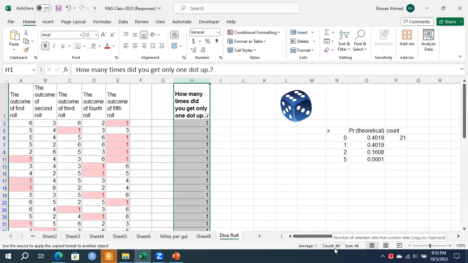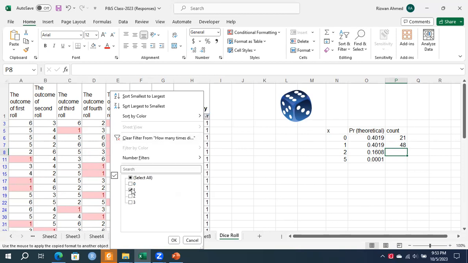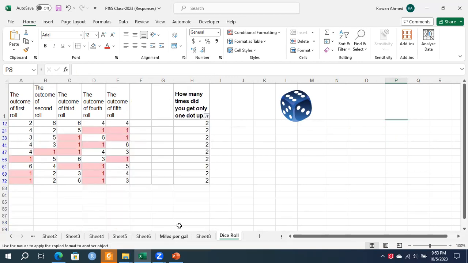Okay. So count is 49 and sum is 48. So it means there are 48 experiments in which we got this outcome. Okay. Then how many times we got two rolls giving one dot in 5 trials?